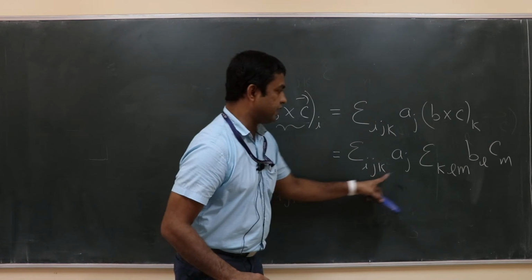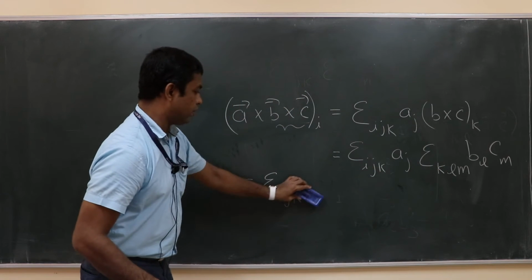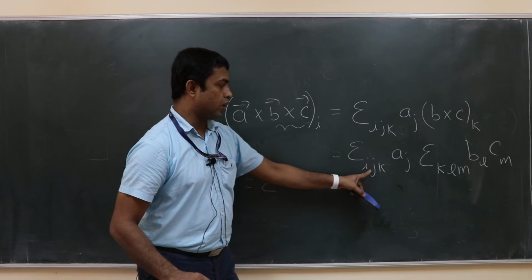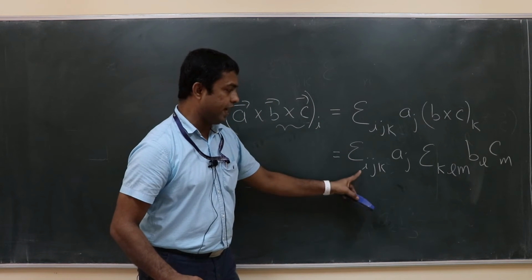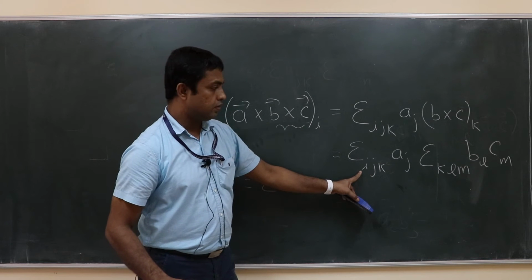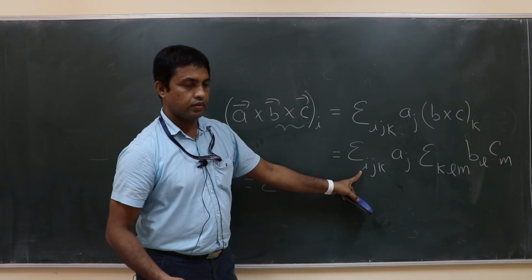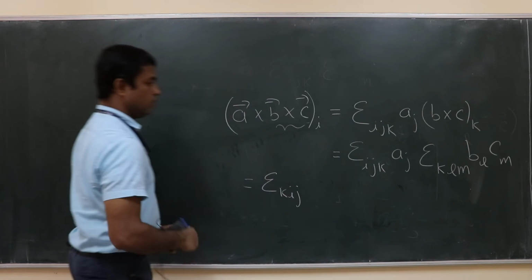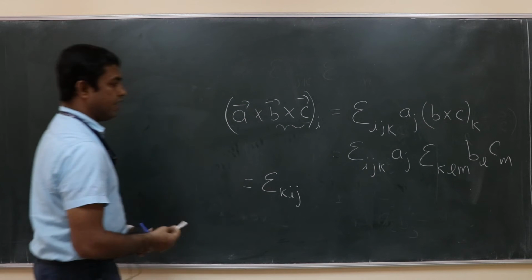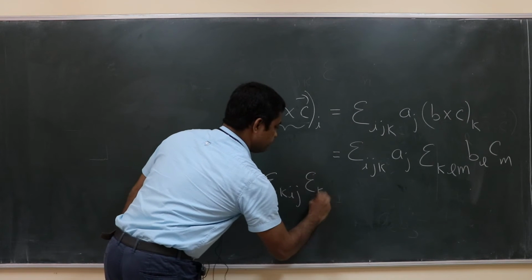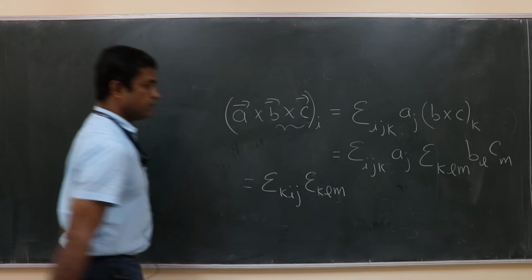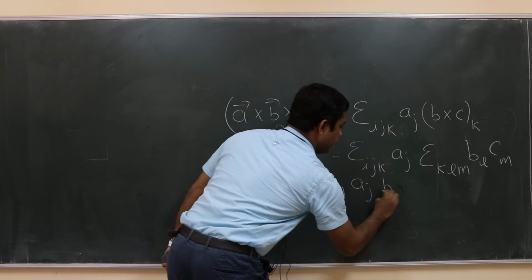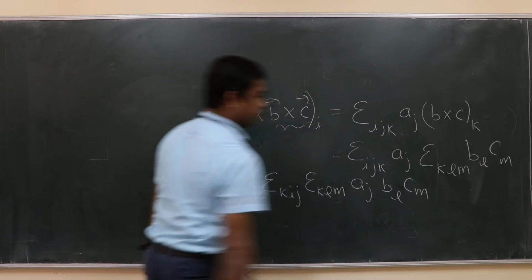I want to take this k to the first place, so epsilon ijk is equal to epsilon kij. Then epsilon klm, then Aj Bl Cm.